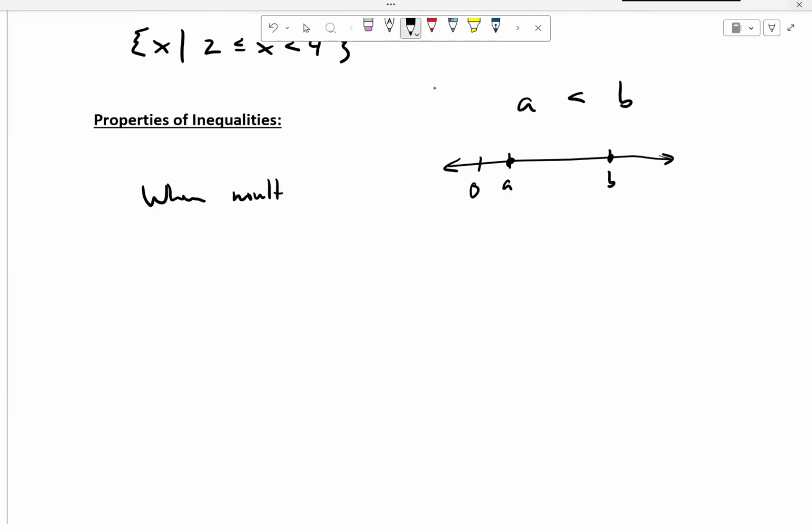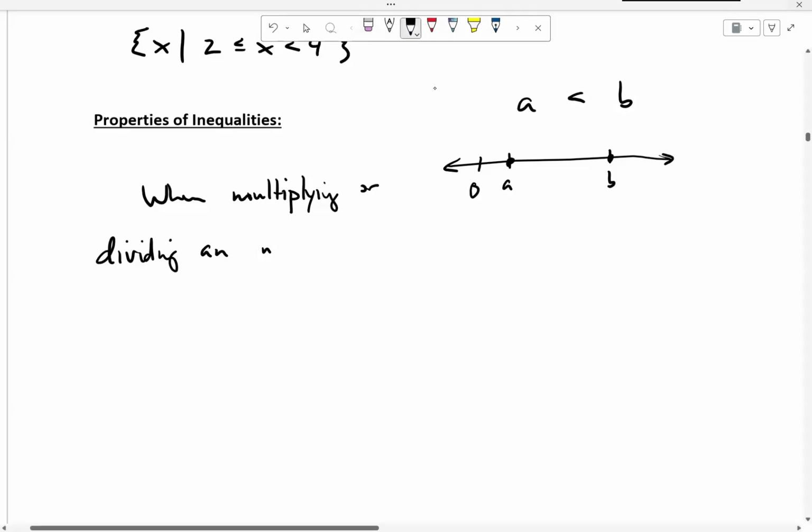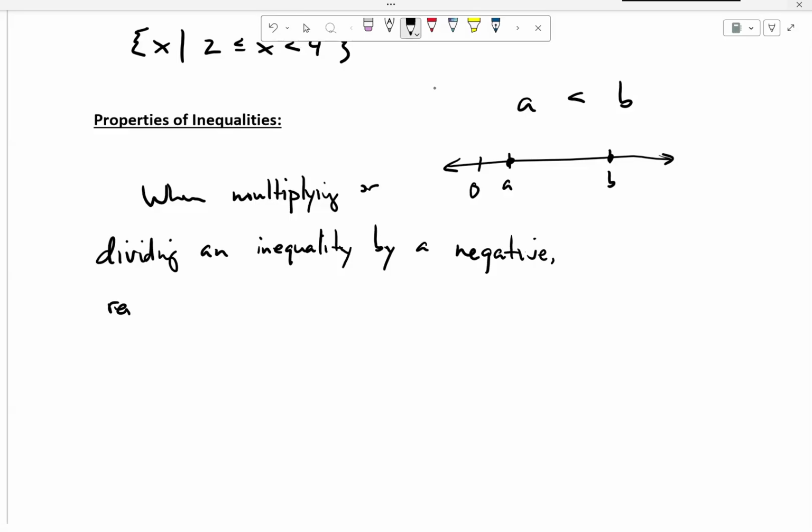When multiplying or dividing, I had the whole thing. Reverse the inequality.